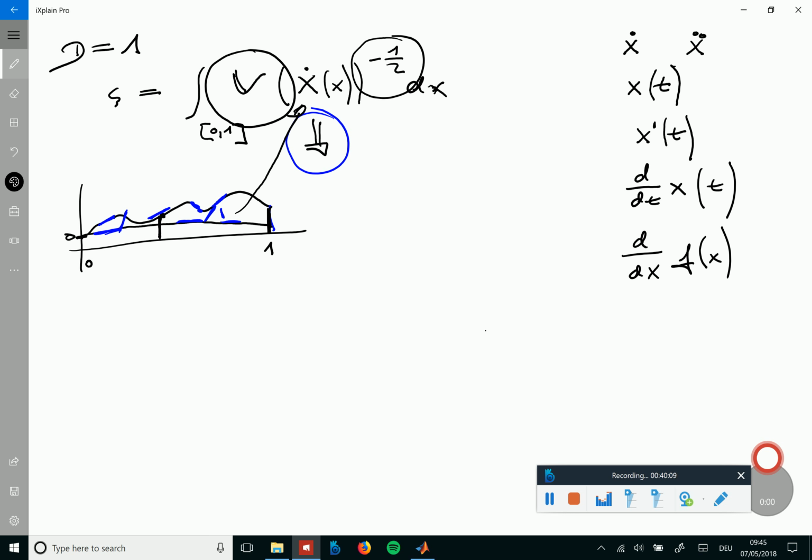Then it gets a little bit iffy, and even more so in higher dimensions. But the basic intuition is that with these derivatives, you can describe the spatial variability, and then you integrate this over space. So if you have high values at each point in space, you get a large value in total, and then you look at how much this actually varies.